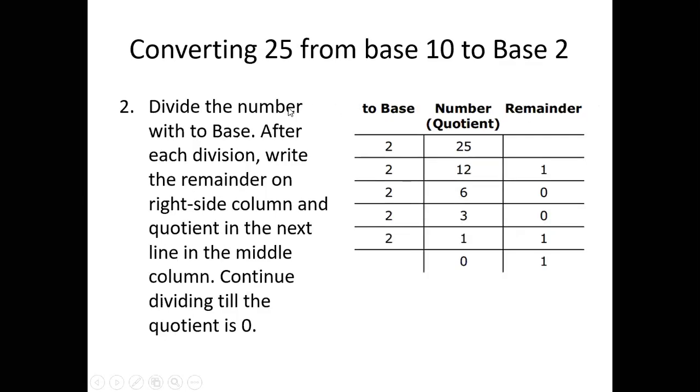Then secondly, you are going to divide the number. When you divide the number, you write the remainder on the right hand side, and the result, the quotient, you write in the middle. We'll continue dividing the quotient, taking note of the remainder, until the quotient becomes 0.